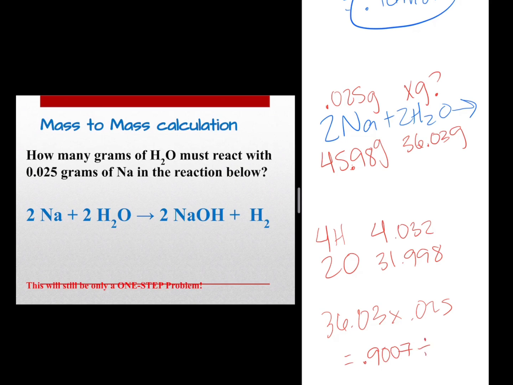Let me double check my math real fast. Times, yeah, and I'm going to divide by 45.98, and I got my final answer as 0.0196. This is grams.